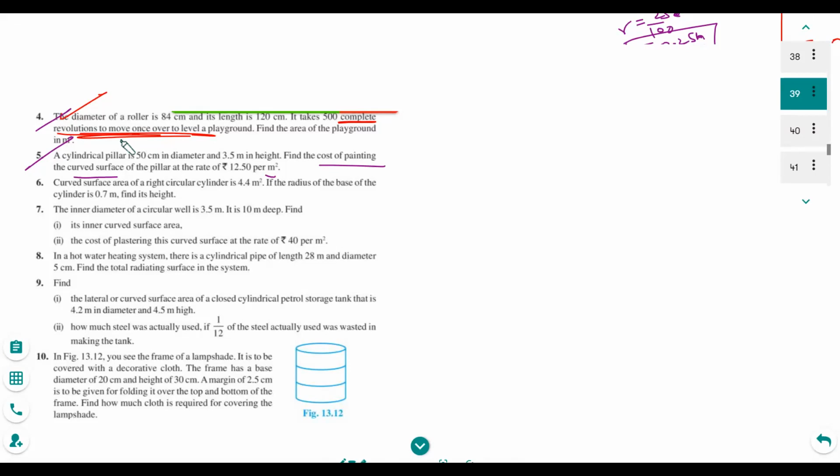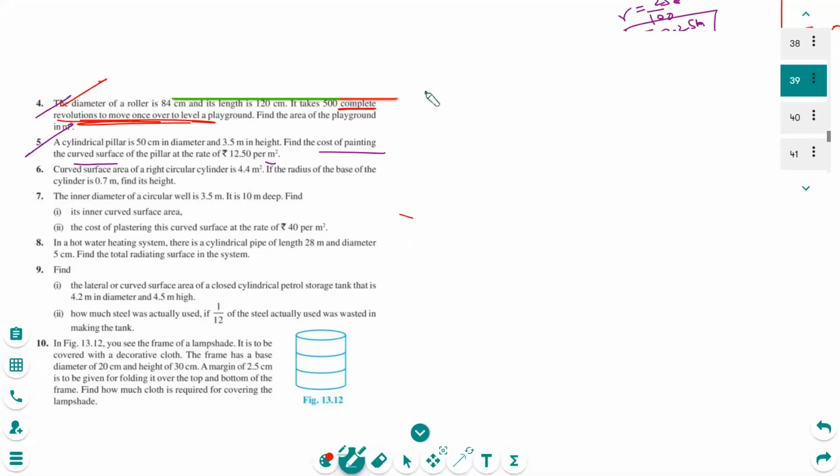So that was the principle of our institute. Let's continue. Question number 6.